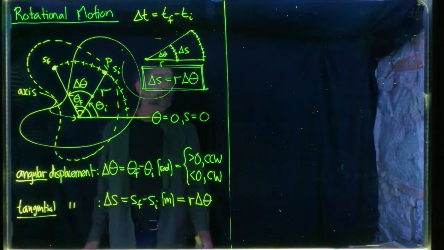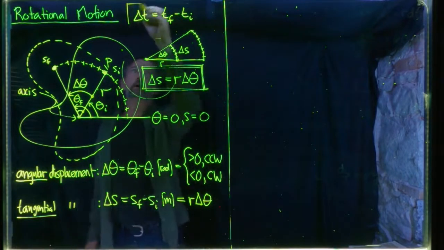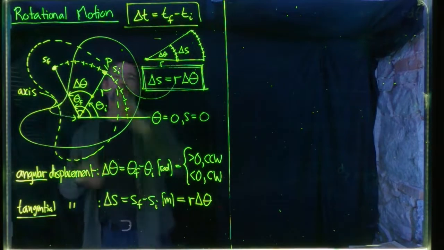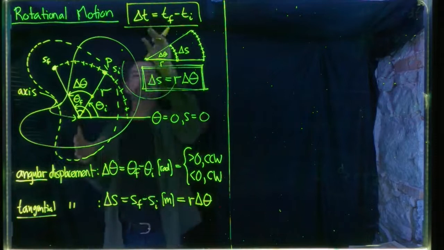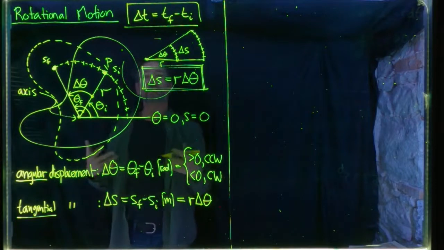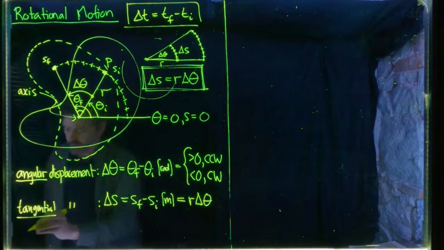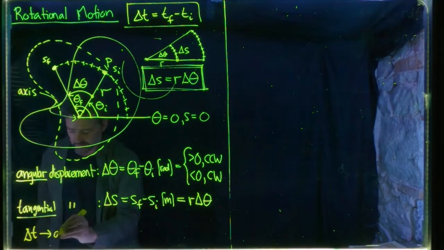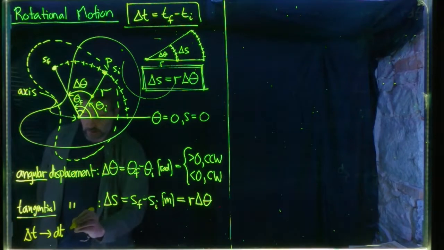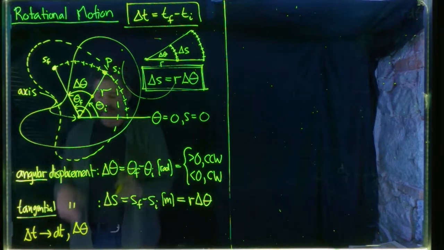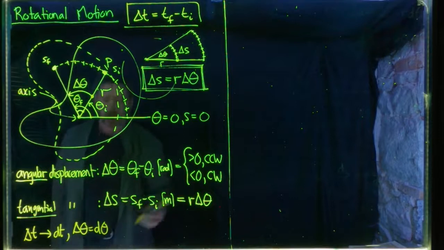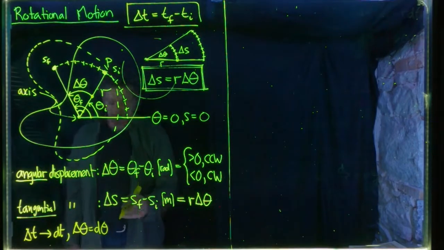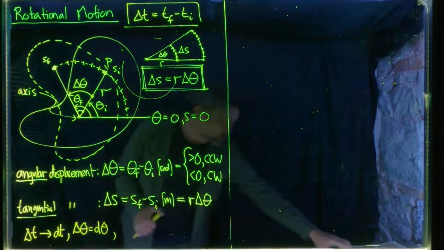Okay. So now what we're going to do is say this time interval delta t, which we've imagined to be a finite time interval. Now we're going to take the limit that delta t shrinks to become very small and becomes a differential dt in the calculus sense. So we're going to imagine that delta t shrinks to an infinitesimal time interval, and so the object has rotated through a very small angle in that very small amount of time dt. So the angular displacement delta theta also becomes infinitesimal, a differential d theta.